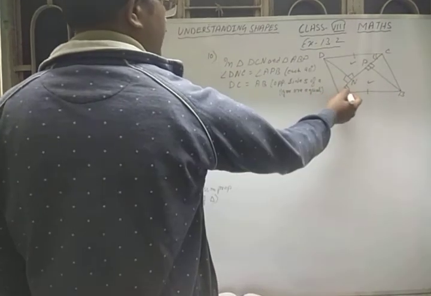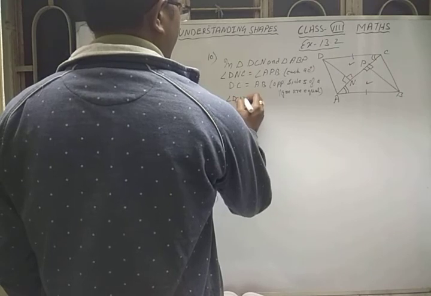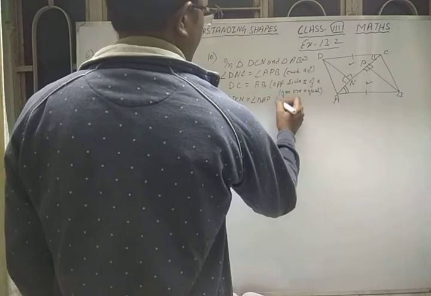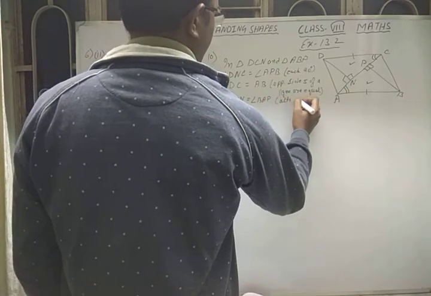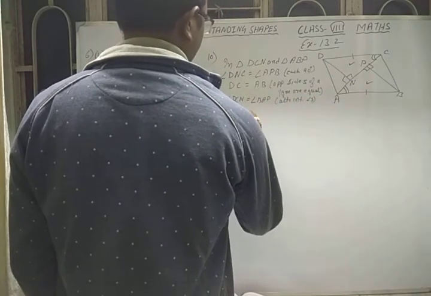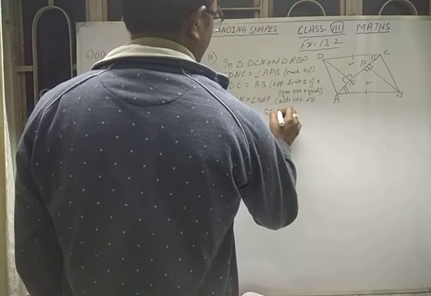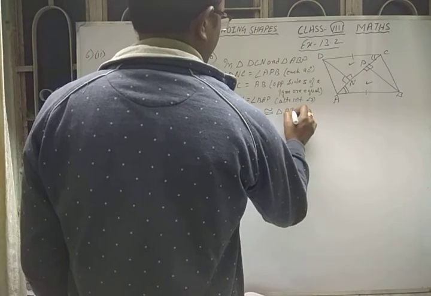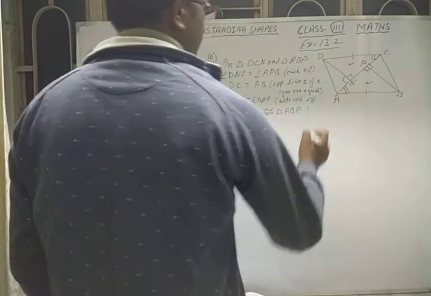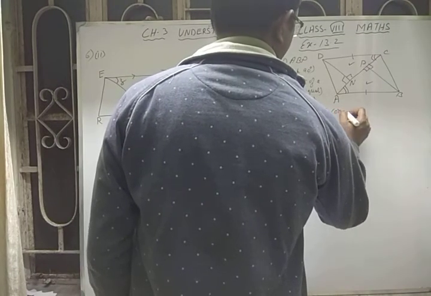And these two angles are equal, so you will write angle BCN is equal to angle BAP, as they are alternate interior angles. Therefore, triangle DCN is congruent to triangle ABP by angle side congruency.